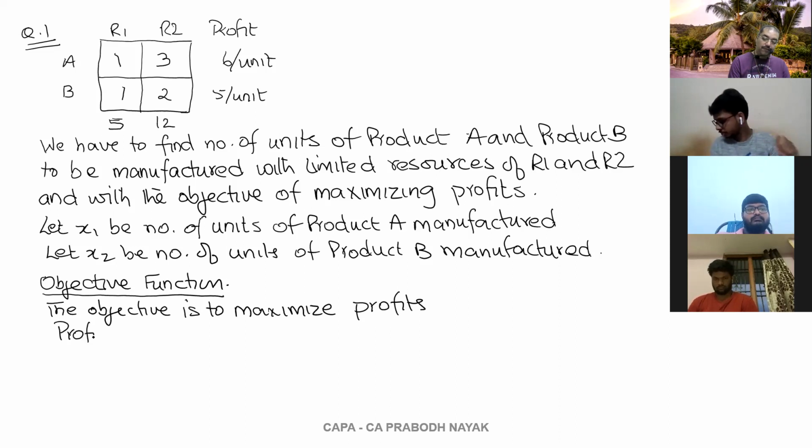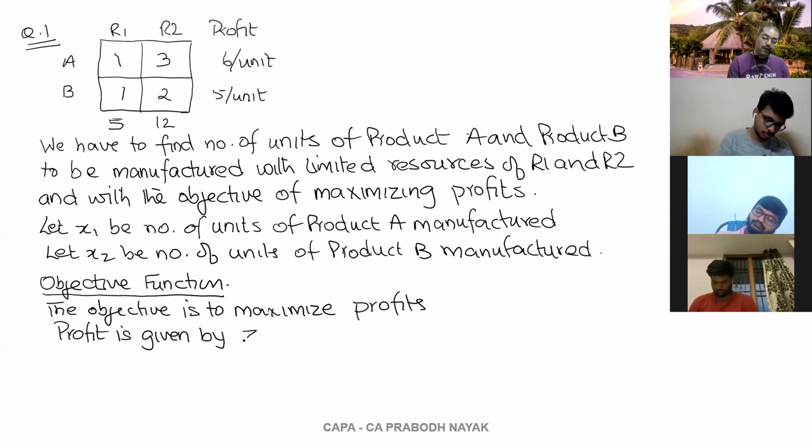Profit is given by Z is equal to... my total profit will be made up of number of units of A into 6 rupees per unit plus number of units of B into 5 rupees per unit, which means 6x1 plus 5x2.